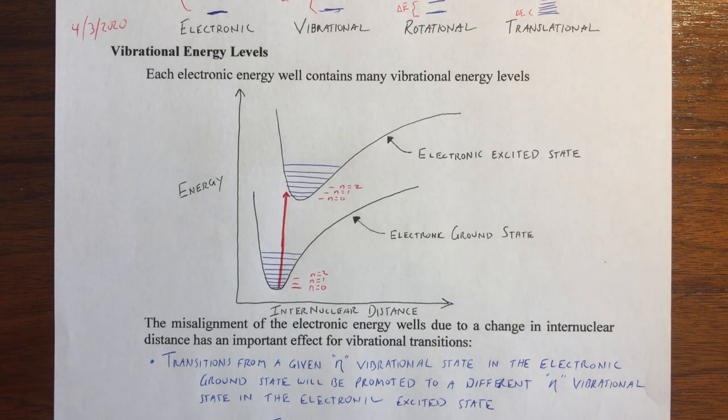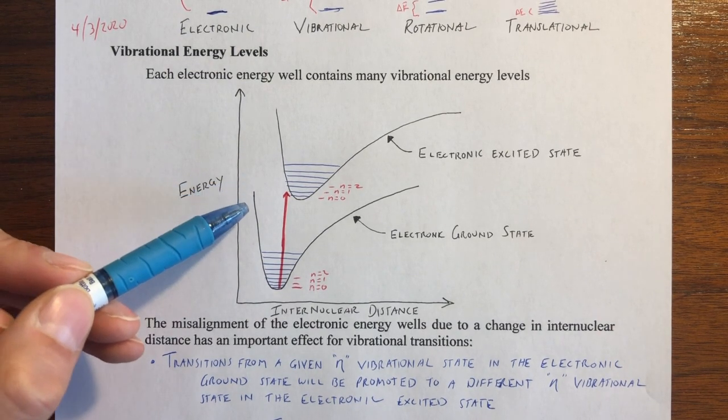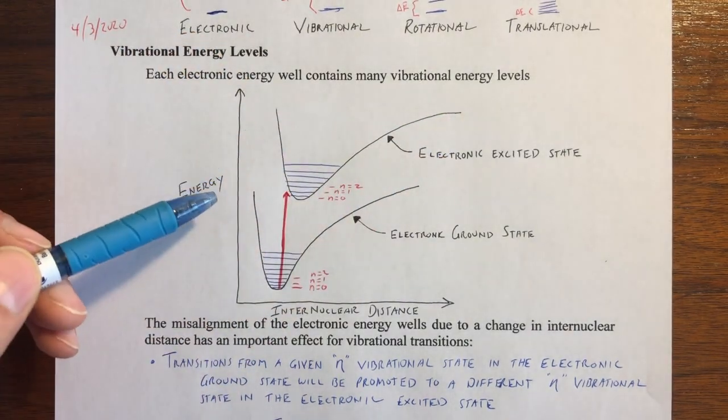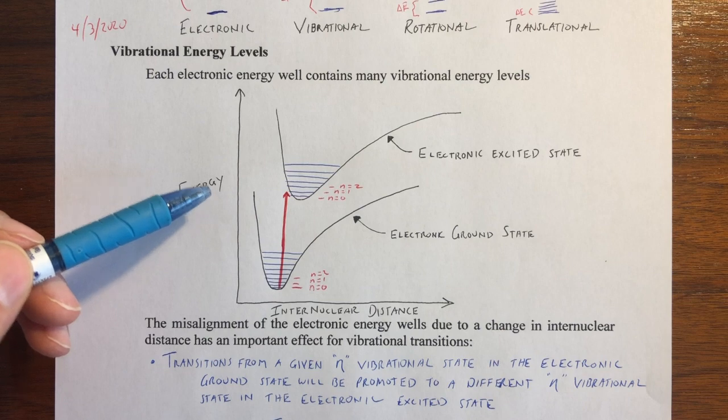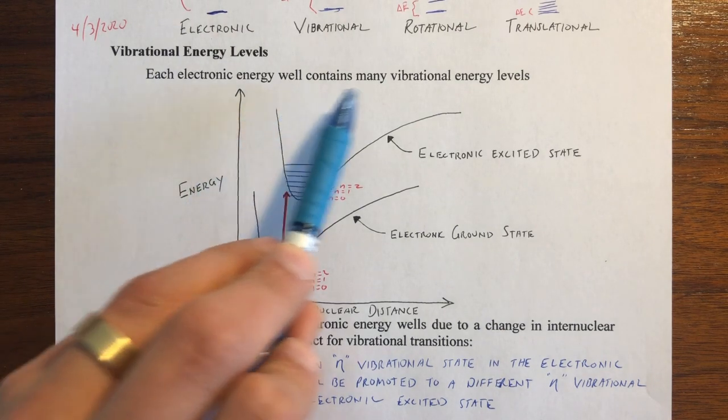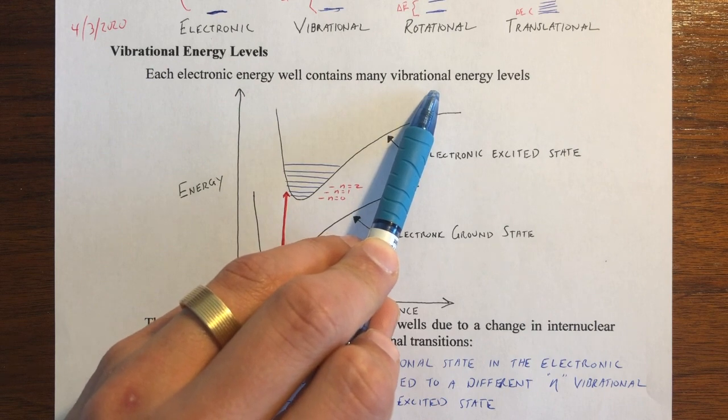So now today we're going to pick up where we left off and start talking about vibrational energy levels. Here we have the same electronic energy wells we saw in the last class, our ground state and our excited state, but now we're going to add some more detail. Each electronic energy well contains many vibrational energy levels.